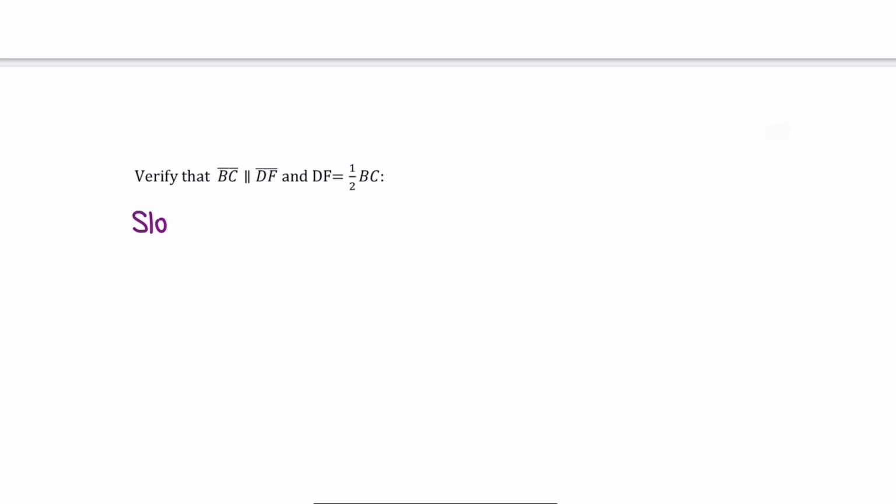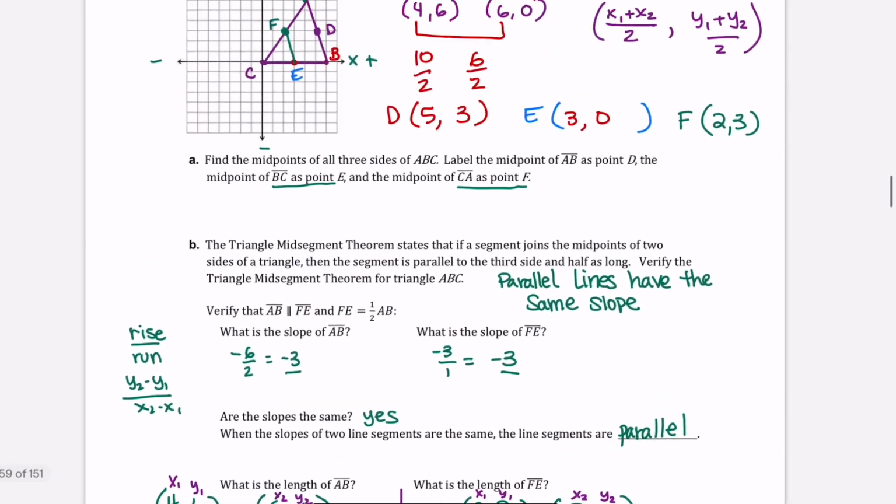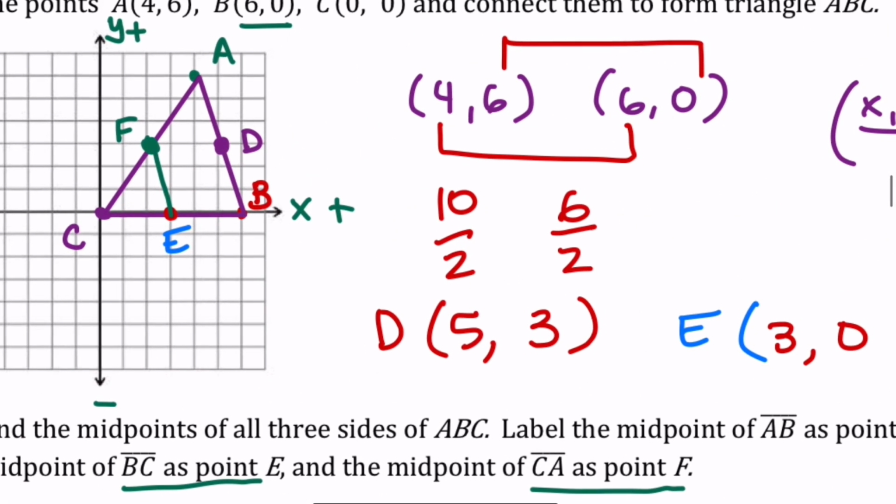Okay, so we're going to verify that BC is parallel to DF. So we want to find the slope of BC, and then we want to find the slope of DF. And if those slopes are the same, then the lines are parallel. So let's look at BC, and I just like to look at BC and just count it. If it's straight up and down or straight left and right, you can just count it. 1, 2, 3, 4, 5, 6.